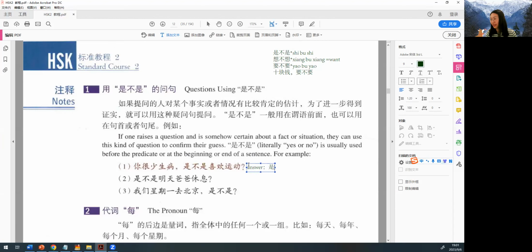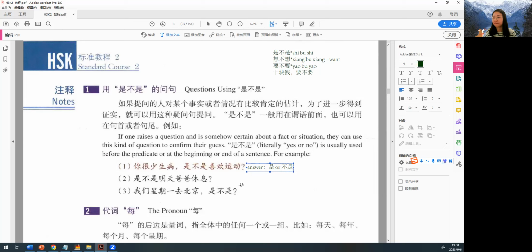是 or 不是 here. Of course, we want to learn how to give a complete answer. If we just say yes or no, it sounds a bit not very friendly, I should say. So we can answer the whole question.